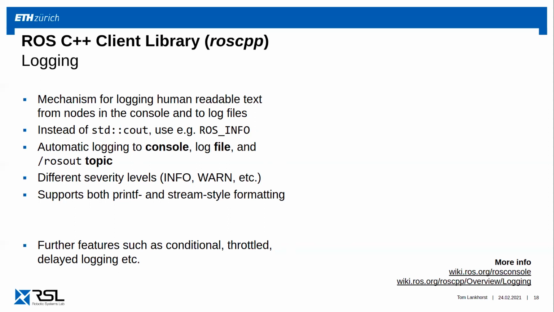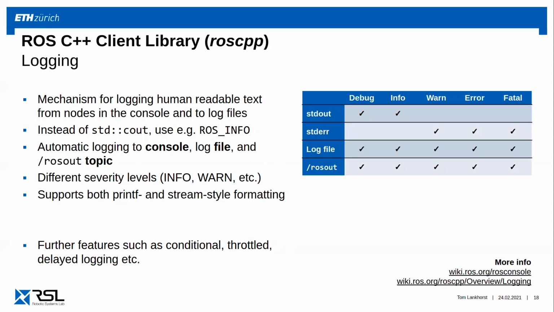The printf style is more known from C and some C++ code, whereas the stream style is a typical way of writing to the output in C++. It provides us with lots of features like conditional logging, throttled logging, delayed logging.